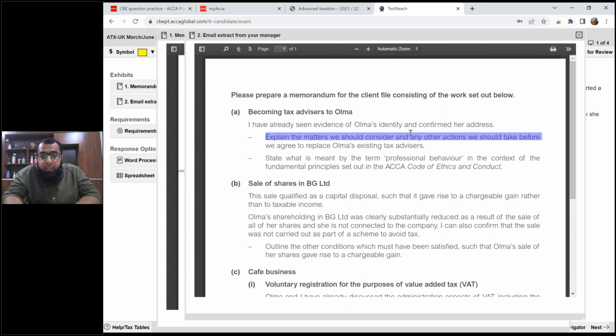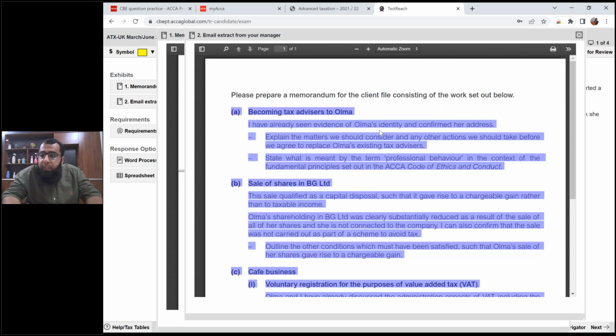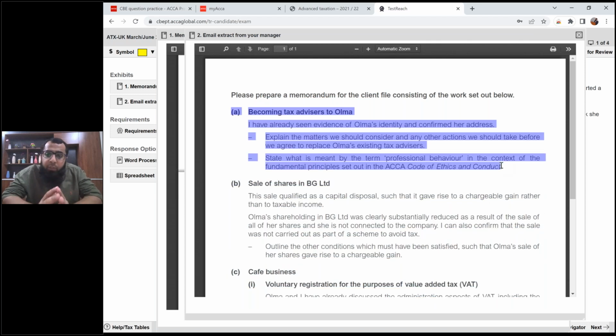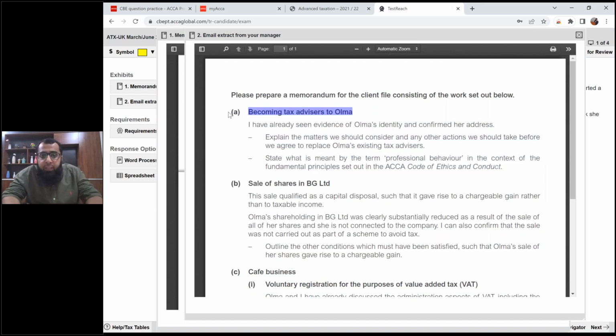Explain the matters we should consider and any other actions we should take before we agree to replace Alma's existing tax advisor, and state what is meant by professional behavior in the context of the fundamental principles set out in ACCA's Code of Ethics. So we have to discuss the matters we have to consider and the actions we have to take, and then explain the term professional behavior. So this is my part A, becoming tax advisors to Alma.